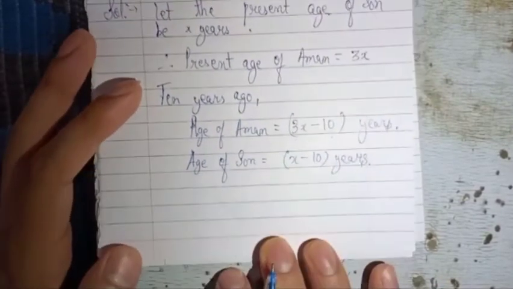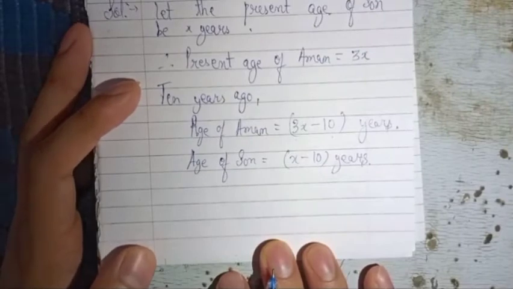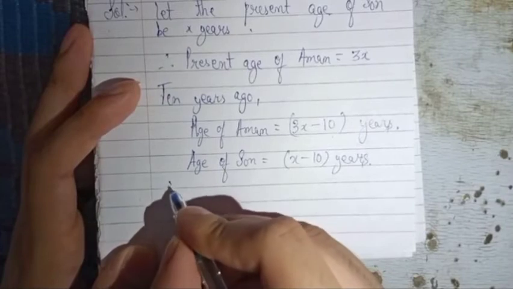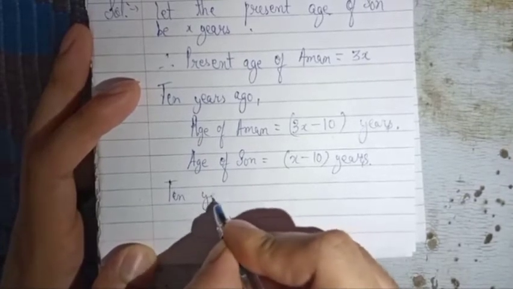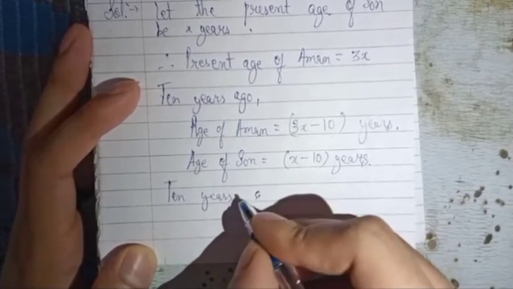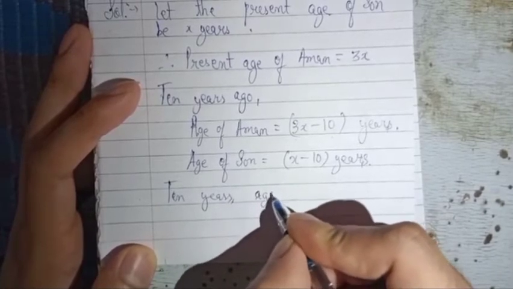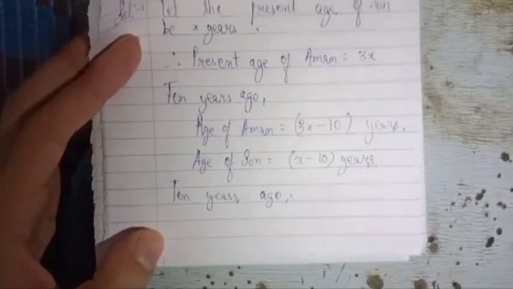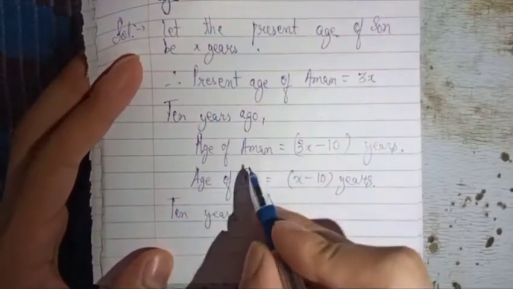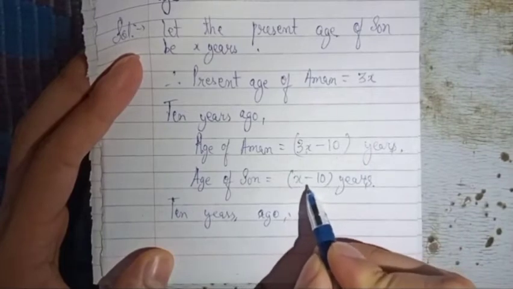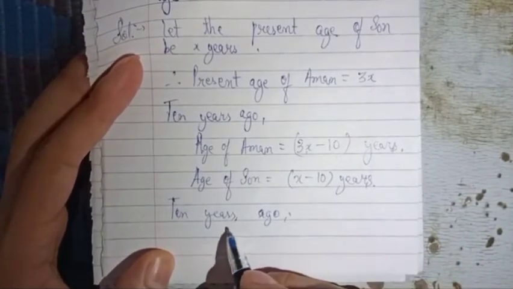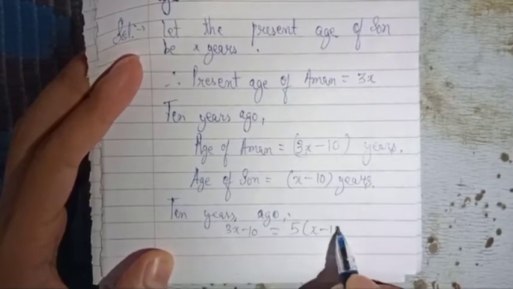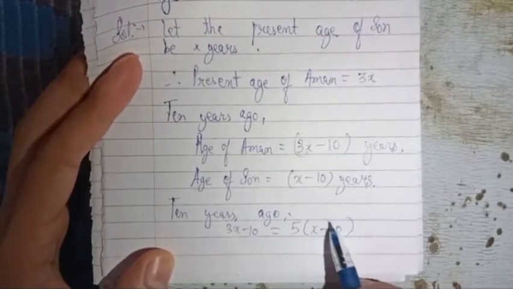Now according to the question, 10 years ago he was 5 times his son's age. So 10 years ago, age of Aman will be equal to 5 times age of son. So 3x minus 10 will be equal to 5 bracket x minus 10.